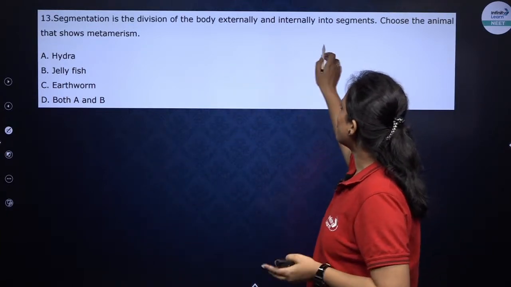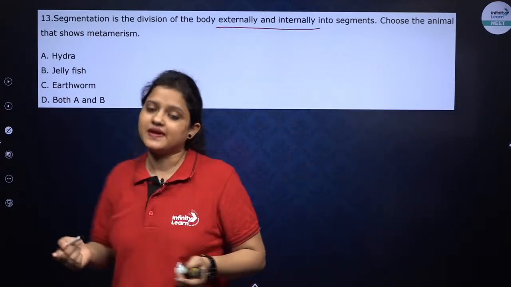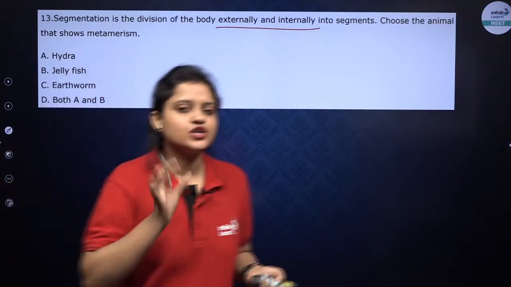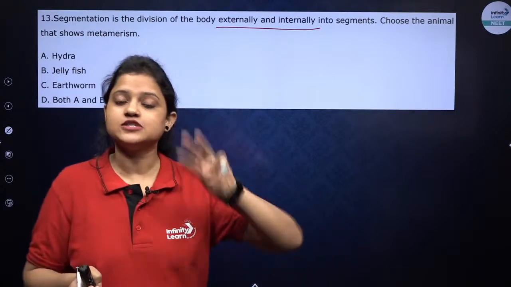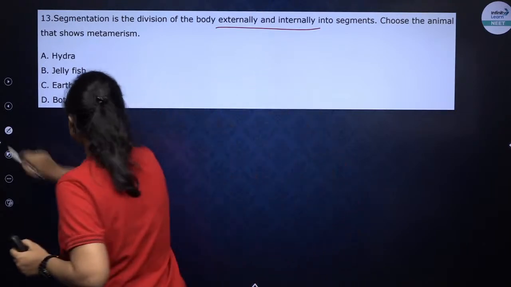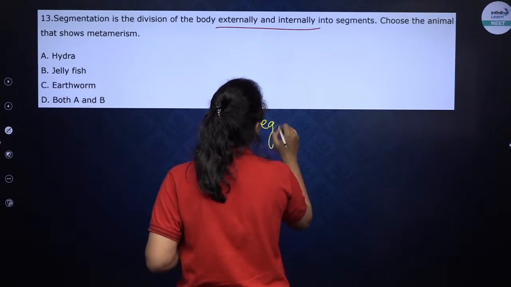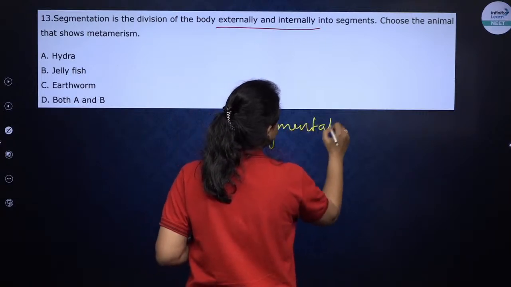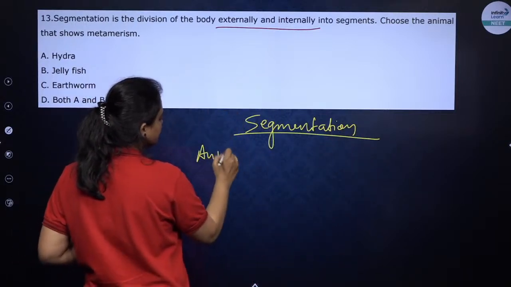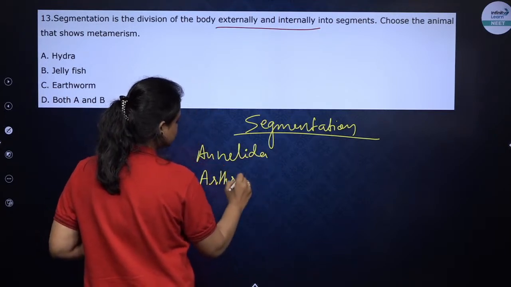Segmentation is the division of body externally and internally into segments. Choose the animal that shows metamerism. Now metamerism or segmentation is shown by 3 phyla. Please note it down, repeatedly asked in NEET. Animal kingdom is very interesting, isn't it? So segmentation is there in 3 phyla: Annelida, Arthropoda.